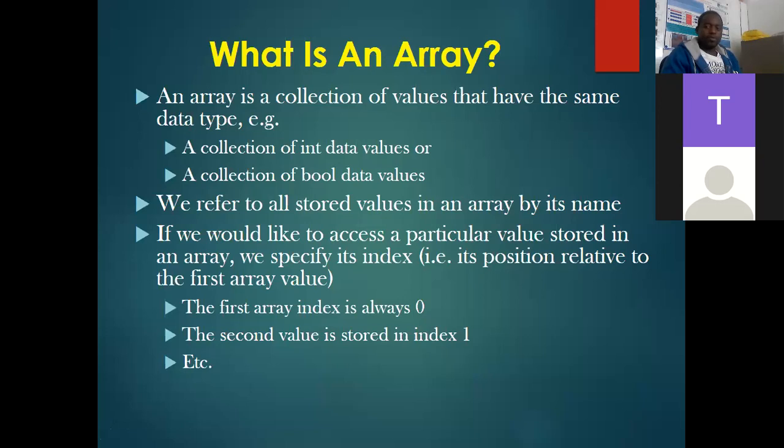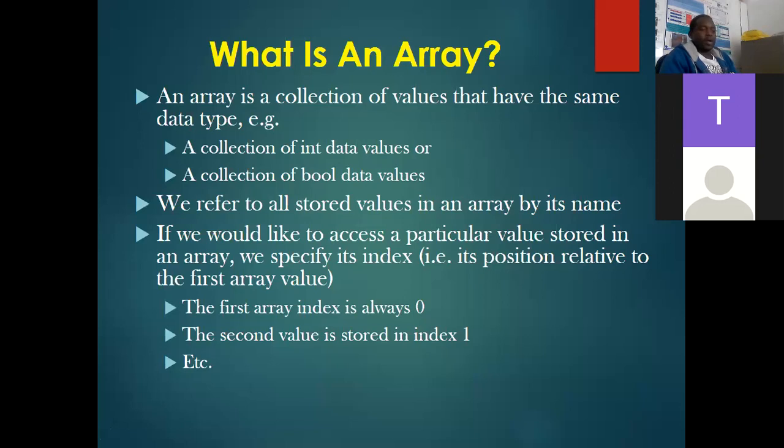So again, if you remember that we said an object can also be treated as a variable of data type of the class, it means you can also create an array of objects. You remember that, right? So we refer to all stored values in an array by the name of the array.